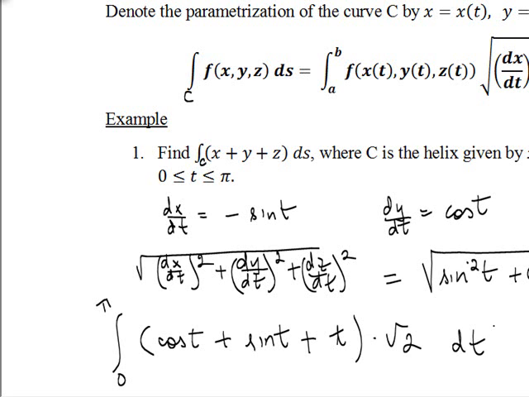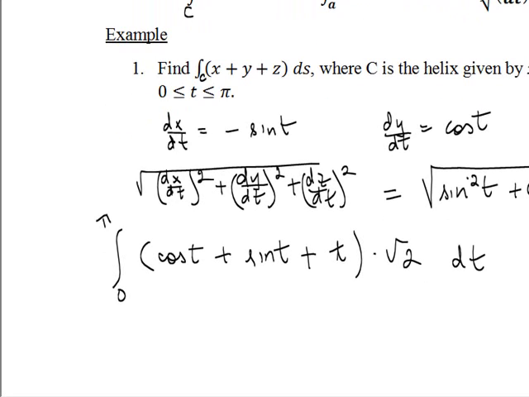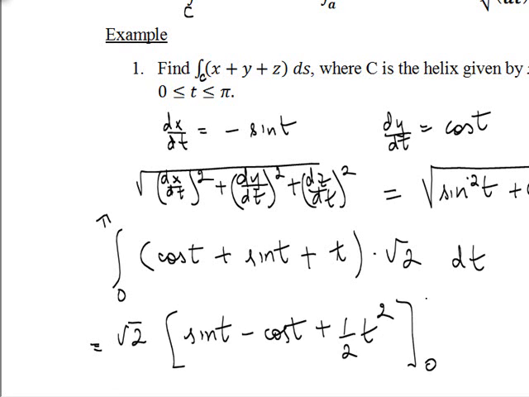So as you can see, this is like Calc 2 integration. Okay? So let's integrate. I'm going to put the square root 2 outside. Integrate that: sine t minus cosine t plus a half t squared from 0 to pi.